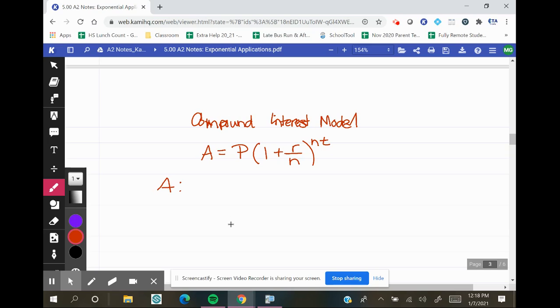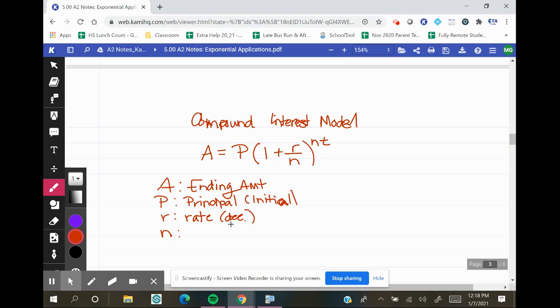A is going to be the ending amount. P is your principal, the amount that you invest, same thing as your initial amount. R is still your rate, expressed as a decimal.